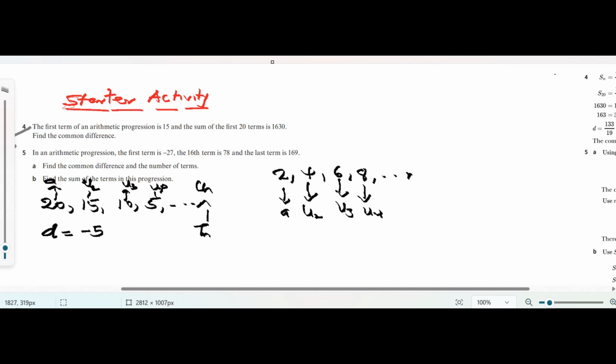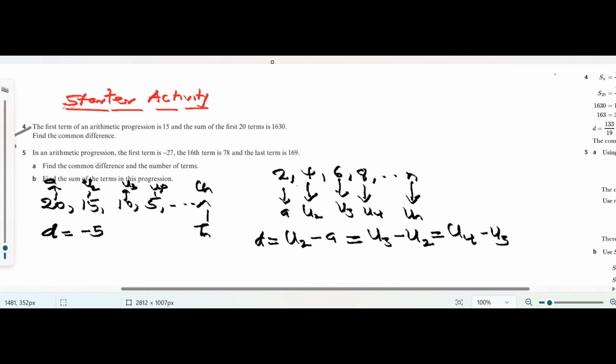And I can have the last term here, I call it UN. Now, if I want to get the common difference, it is the difference between U2 and A. It will still be the same thing as U3 minus U2, which is also the same as U4 minus U3. What am I saying? The second term minus the first term will give you the common difference.